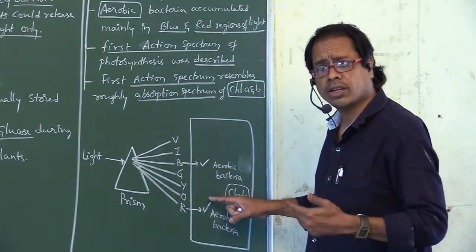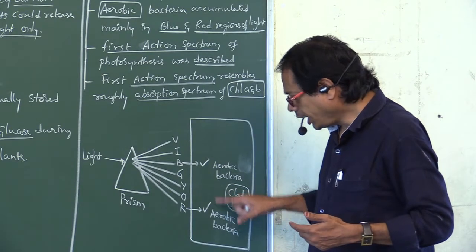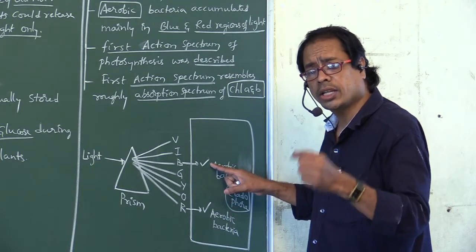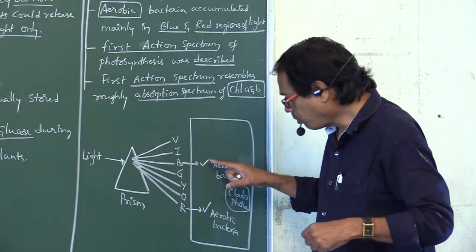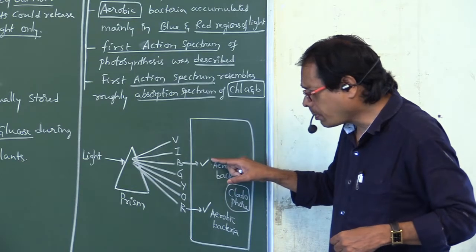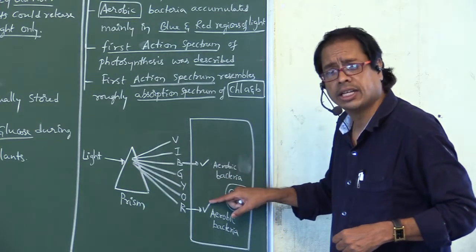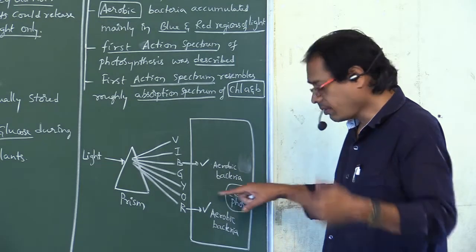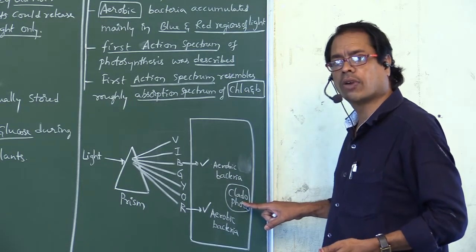How can we detect it? Aerobic bacteria are accumulated mainly in the regions of blue light and red light. As aerobic bacteria are present in blue and red light, oxygen is present there. Where is that oxygen obtained from? From the plant Cladophora.